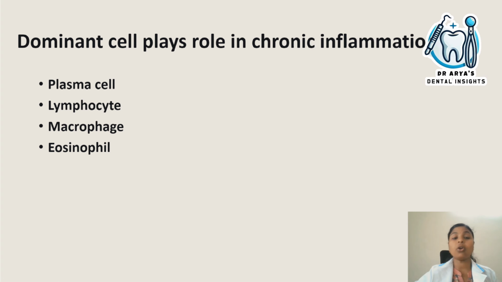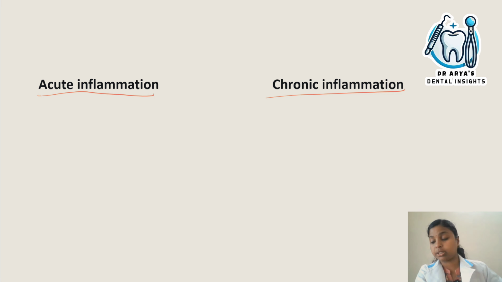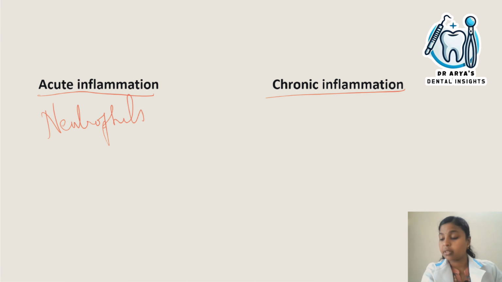Dominant cell plays role in chronic inflammation. Is it a plasma cell or lymphocyte or macrophage or eosinophil? So there are two types of inflammation. Which are they? First one is the acute inflammation and then chronic inflammation. So in acute inflammation, neutrophils comprise the first line of body defense, followed later by monocytes and macrophages.